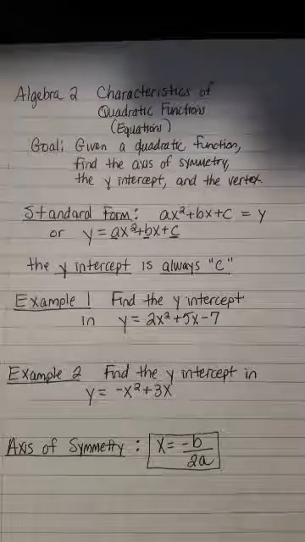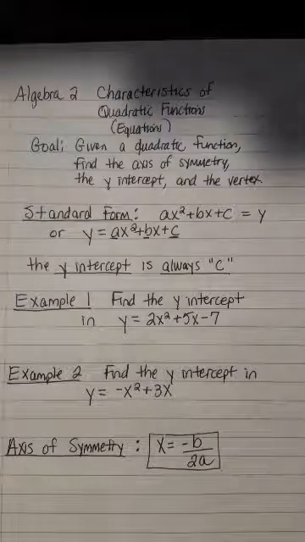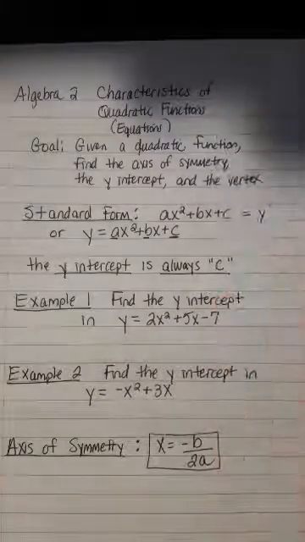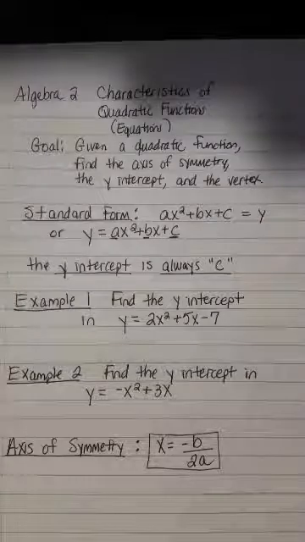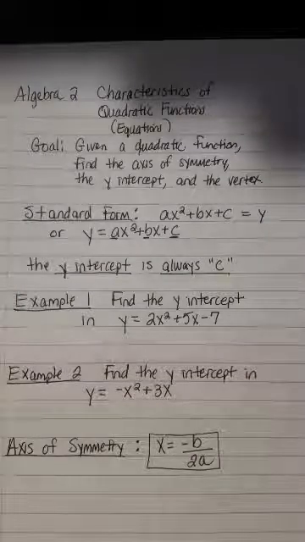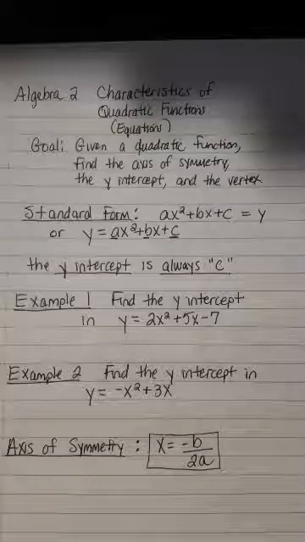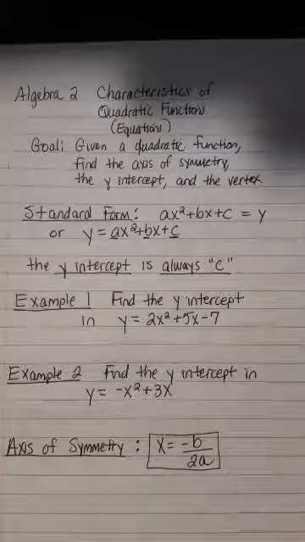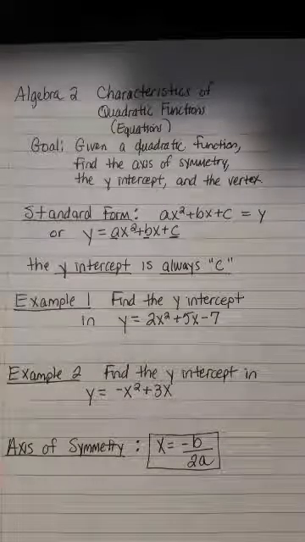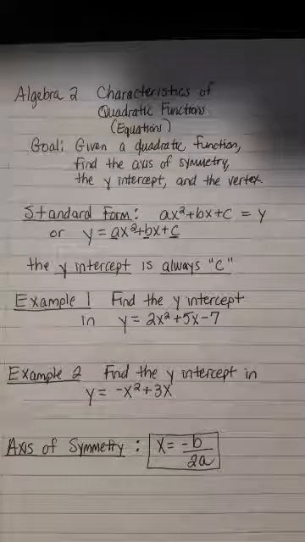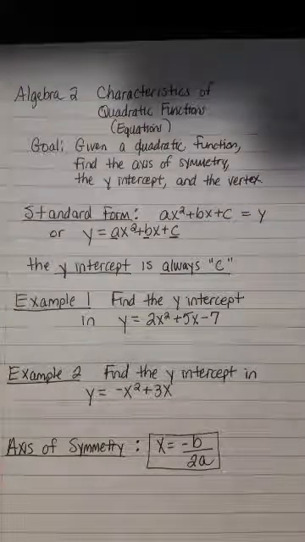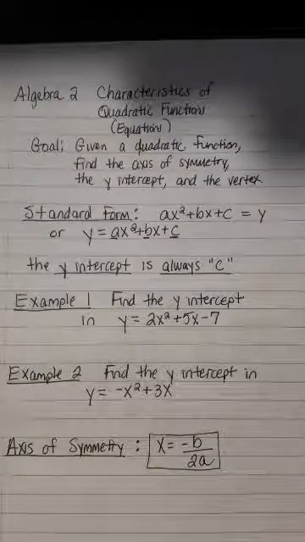Alright, let's get started. In this lesson, we're dealing with quadratic functions. Quadratic functions form parabolas. The last lesson we did involved looking at a graph of a parabola and picking out the y-intercept, the vertex, the minimum value.